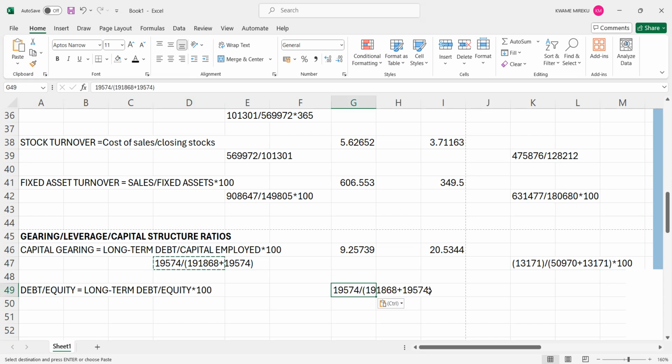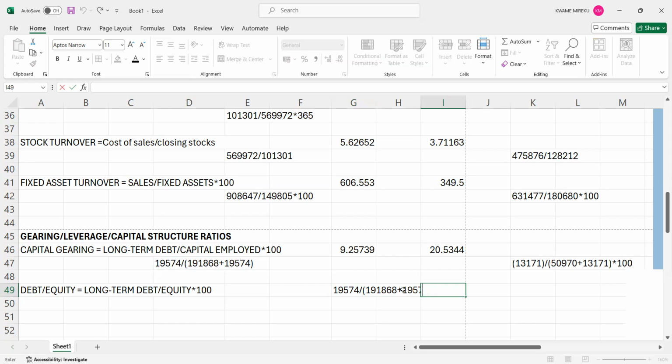So I can just take away the long-term debts in the framework. Here, just the long-term debts over your equity times 100.